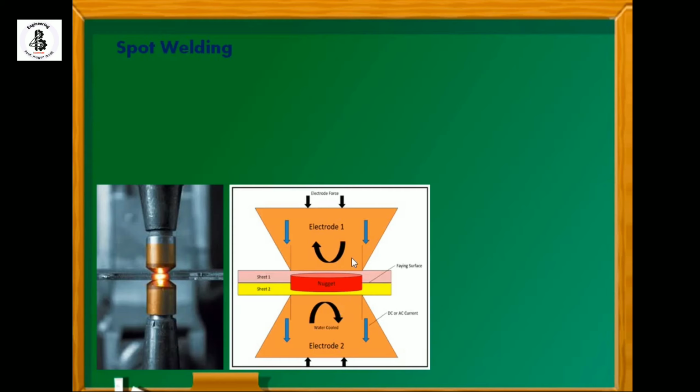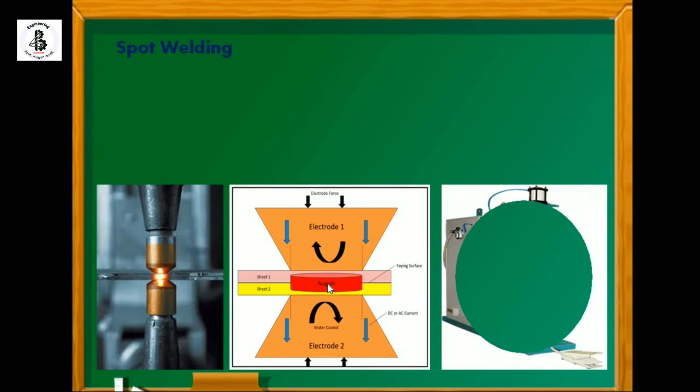By the flow of current between these 2 electrodes, with sheet metal 1 and sheet metal 2 squeezed between them, and after application of the current as per requirements, there is a generation of fusion. That makes a kind of nugget, right? And after passing the current and application of pressure, the weld joint is carried out.